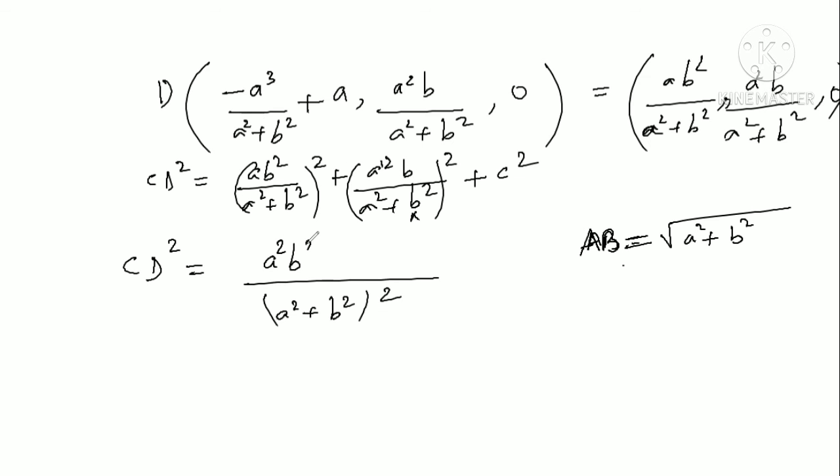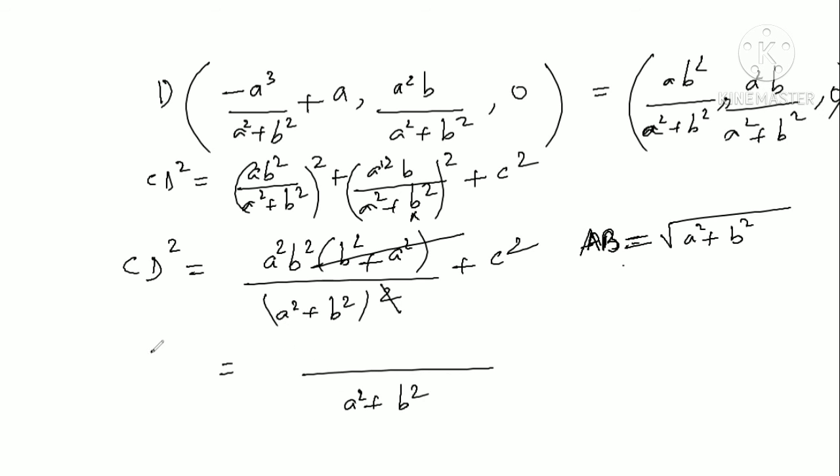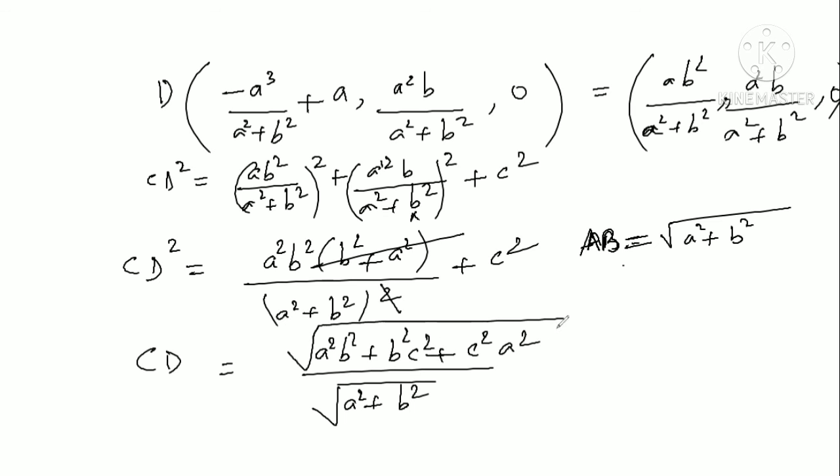So we can take a square b square common, so b square and a square, plus c square. Now a square plus b square will be cancelled, so we are left with only a square plus b square in the denominator. If we take LCM, we get a square plus b square. So the length of CD will be root of a square plus b square in the denominator, and in the numerator you will have square root of a square b square plus b square c square plus c square into a square.